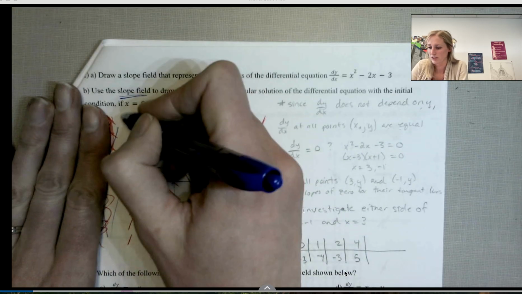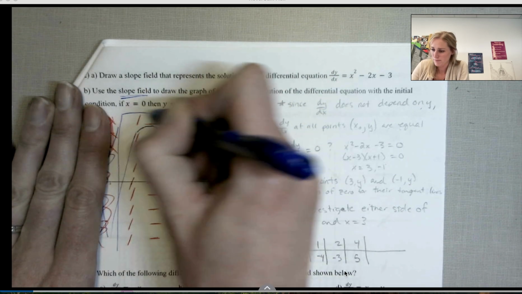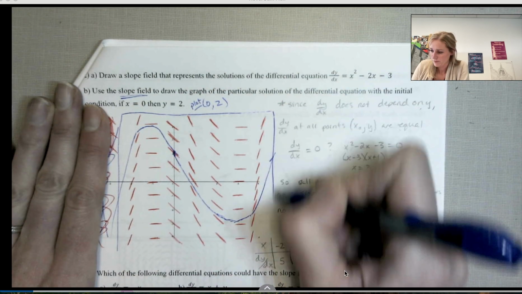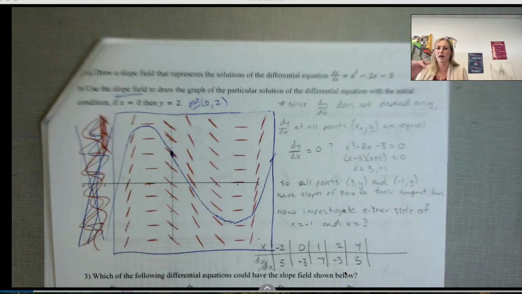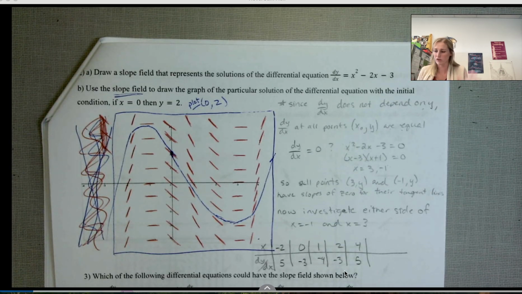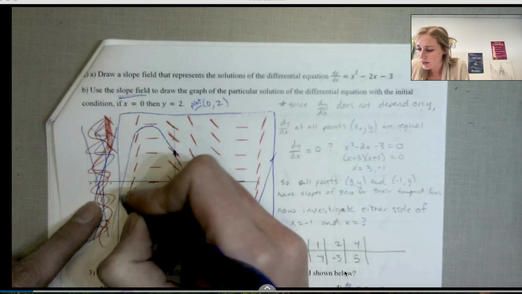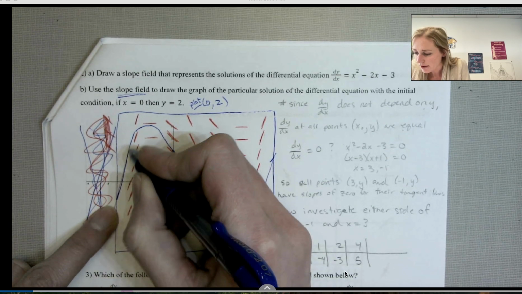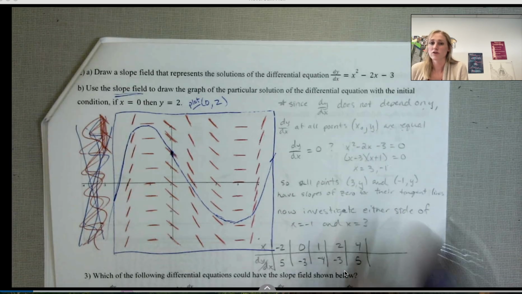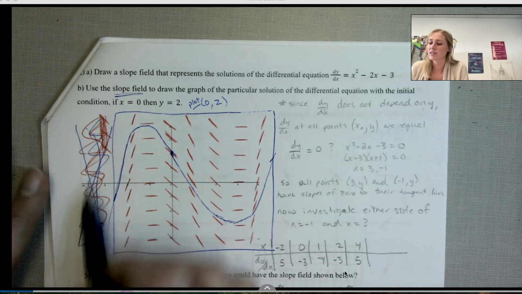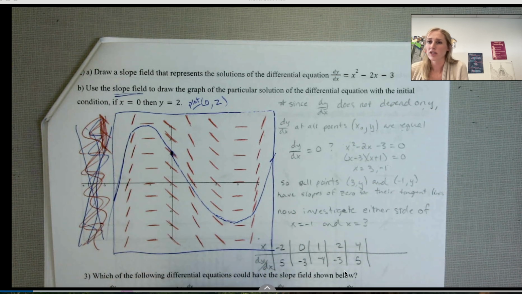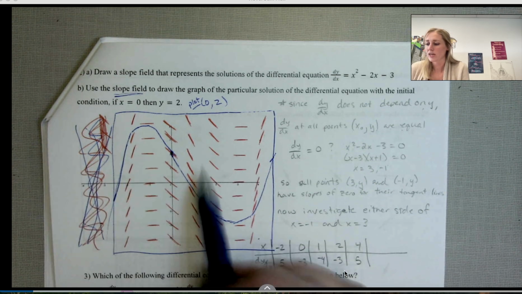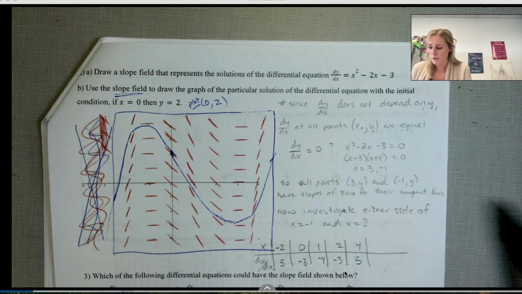I only looked at this window. So we keep going until I can't anymore, but we don't use arrows because I don't necessarily know what the slope field looks like beyond this. So this blue graph I have represents the particular solution on a slope field. That's how I find a particular solution when I'm not using integration or separating the variables and then integrating. We can actually represent it visually as well.